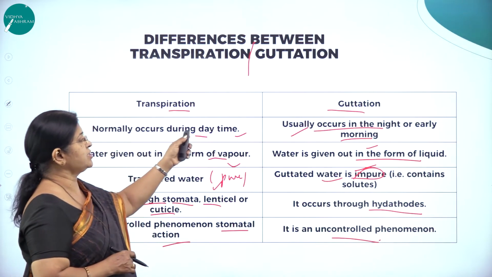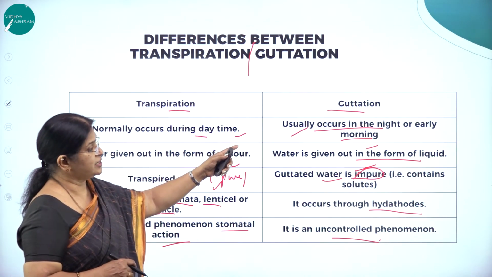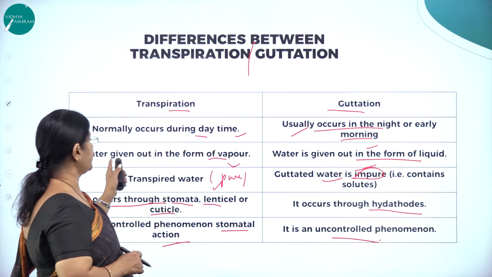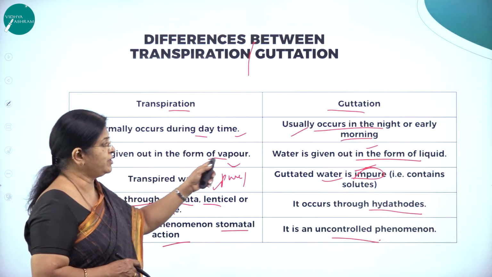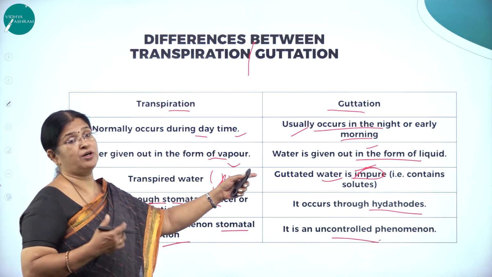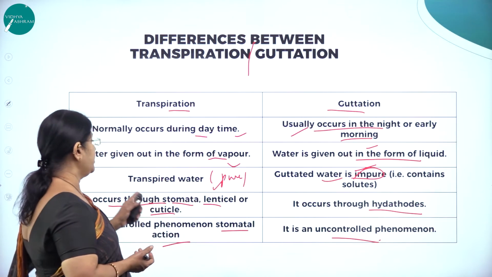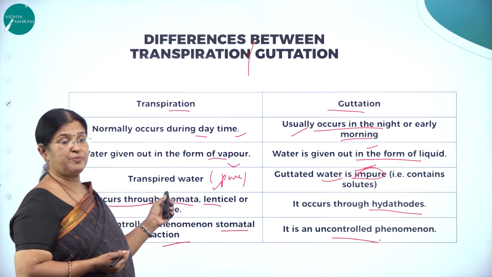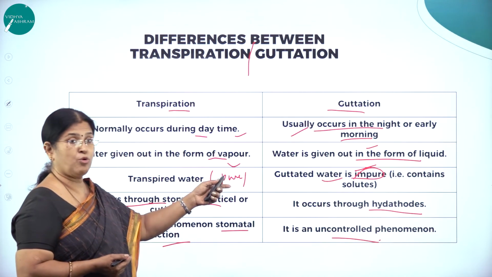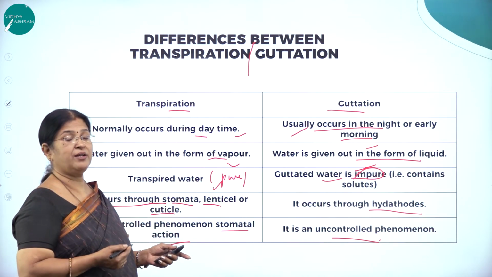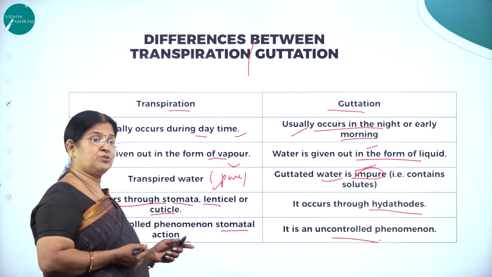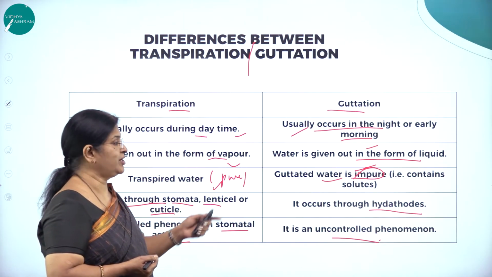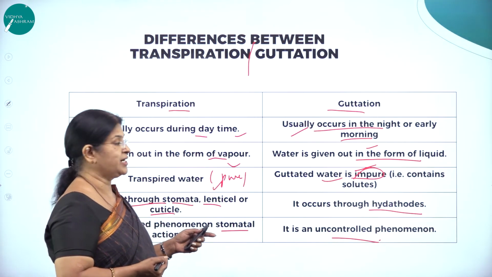In transpiration, water is given out in the form of water vapor. In guttation, water is given out in the form of water droplets or liquid. The water expelled through transpiration is called transpired water, which is pure. Whereas the water that comes out through guttation is called guttated water, which is impure because it contains solutes.